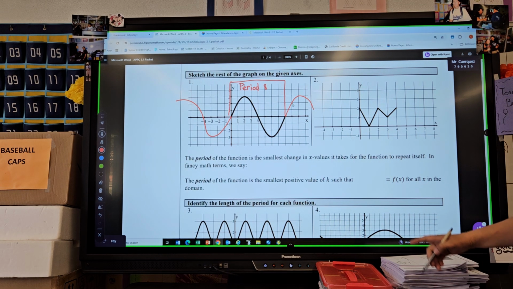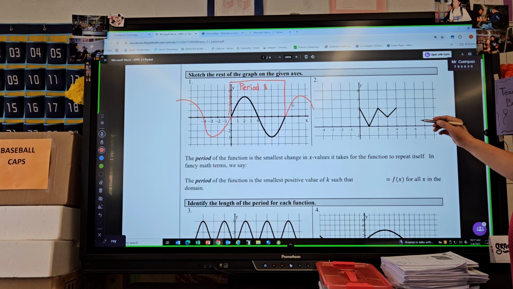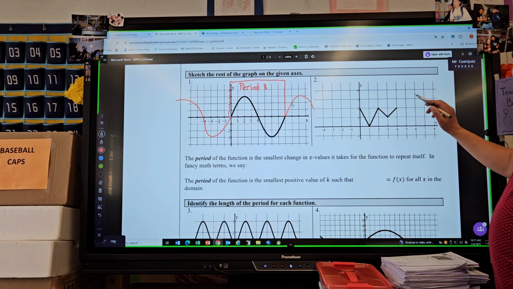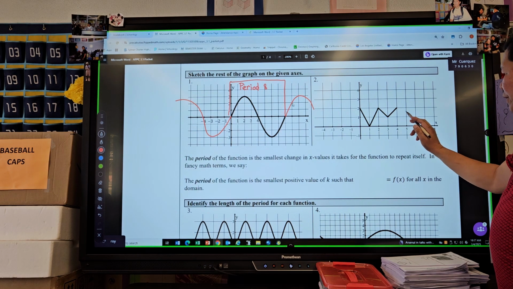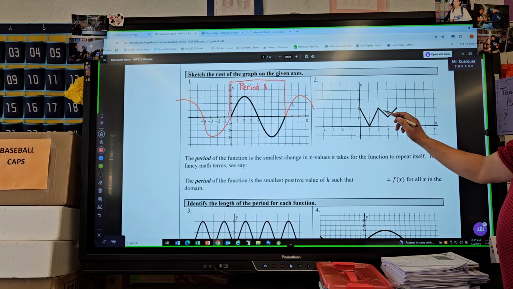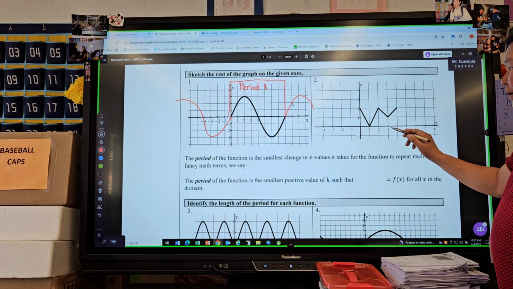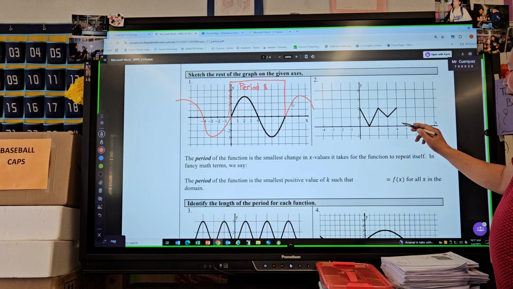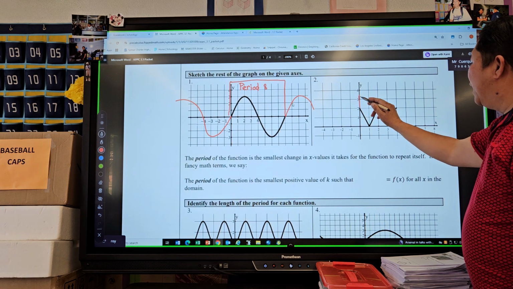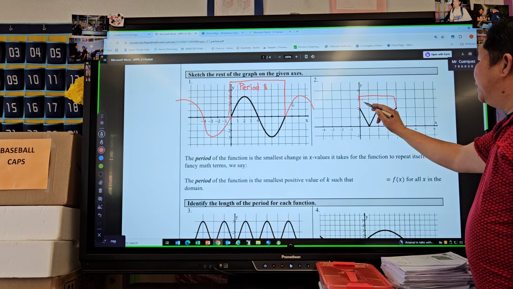Okay, how about this one? If you're going to extend the next cycle, this is the first cycle, right? How many periods is this cycle? 4, right? It starts right here and then ends right here. So we have period 4.